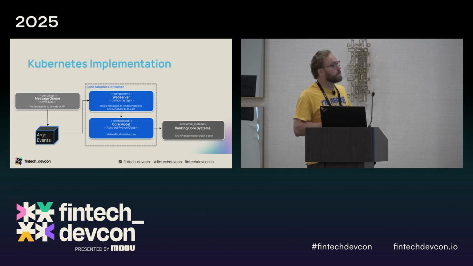The core adapter is made up of this web server, which is that FastAPI, and then this core model, which is the actual thing that talks to the bank's API. There's a little black box for Argo Events, which was how we were sending transactions from the message queue back to the web server in Kubernetes.